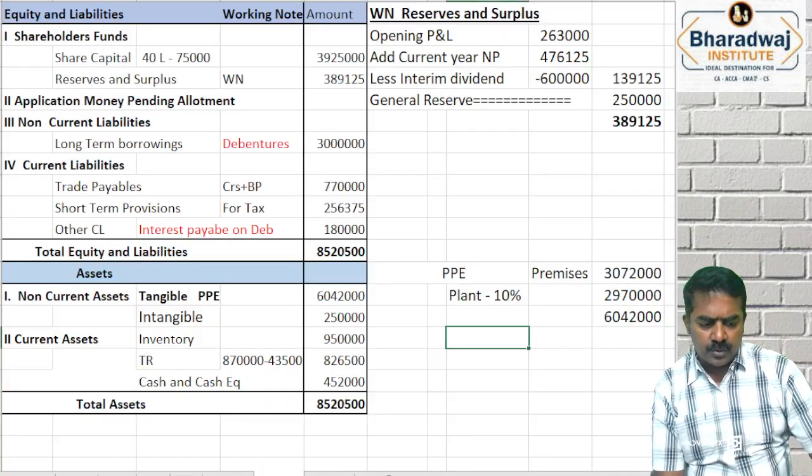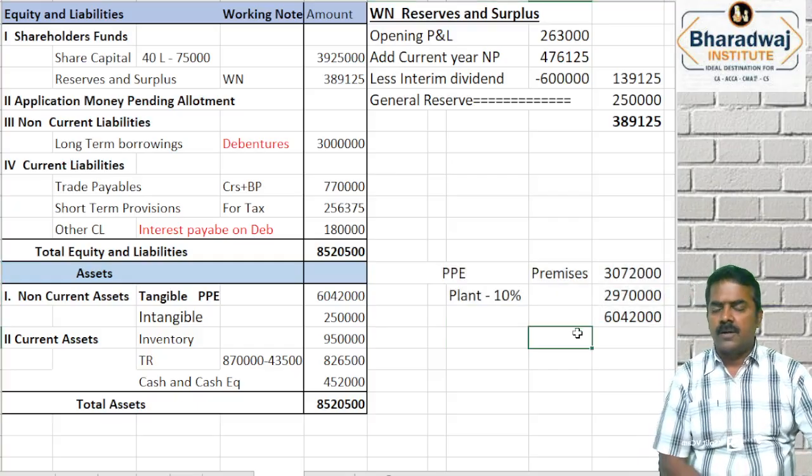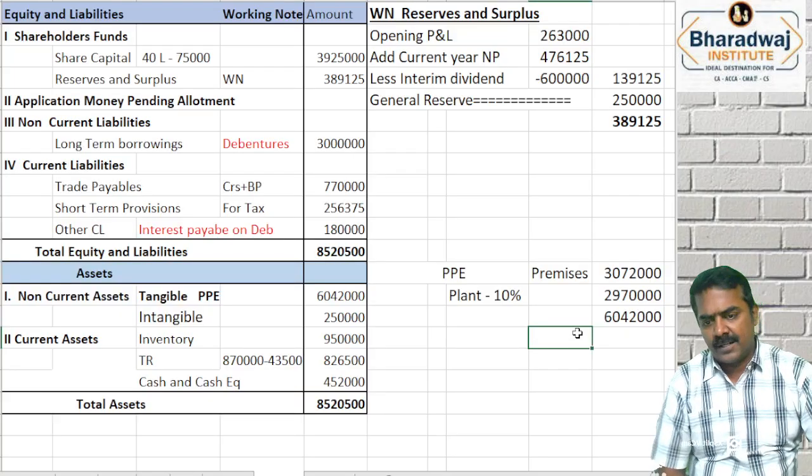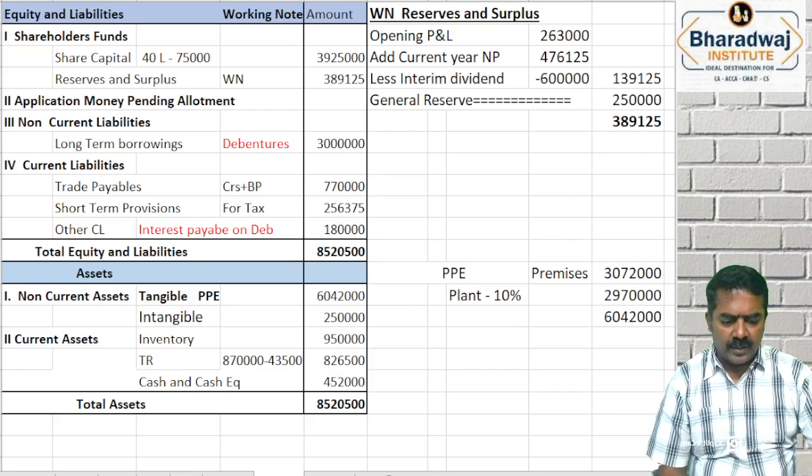For that question also, first try to prepare the P&L account. Then let us do the balance sheet. Try it, don't wait for the answer.